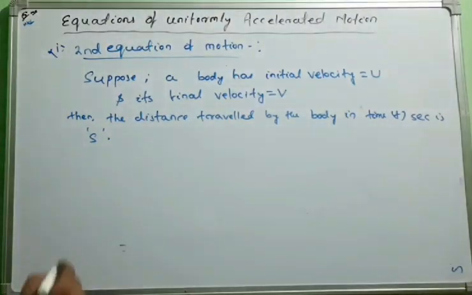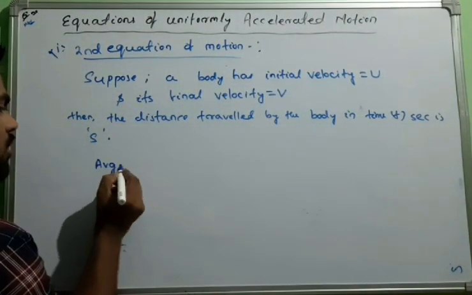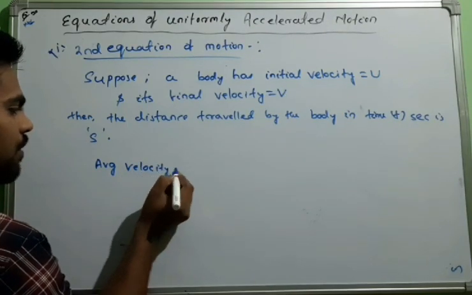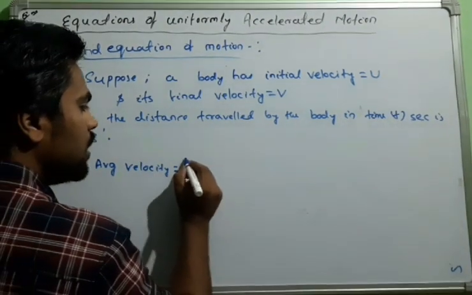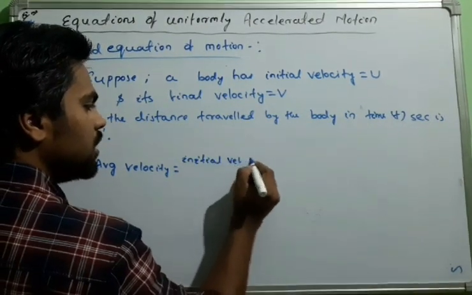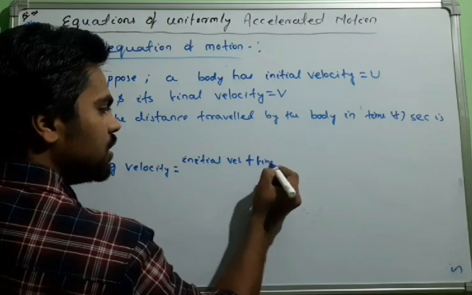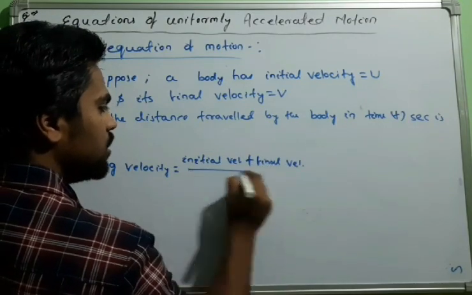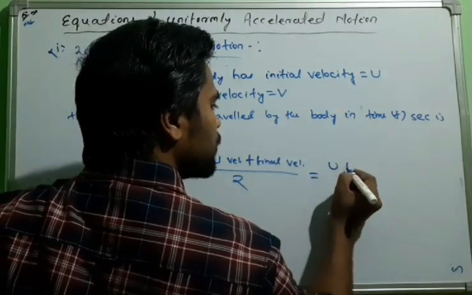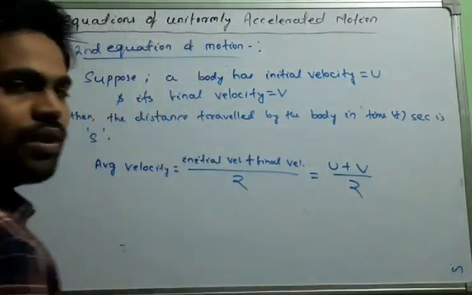Then find the average velocity. We already discussed in the previous class, average velocity is equal to initial velocity plus final velocity divided by 2. That is equal to u plus v divided by 2. Clear or not?